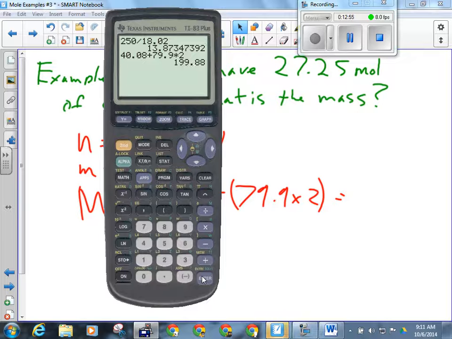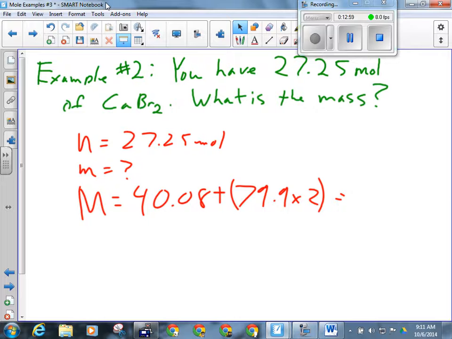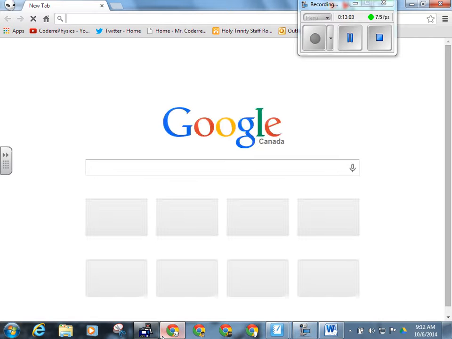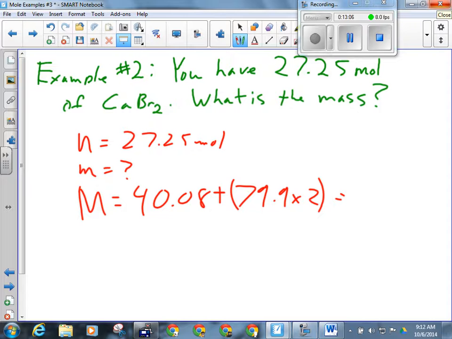All right, so 199.88 is our overall molar mass, in grams per mole.